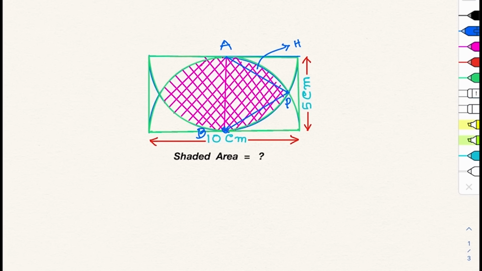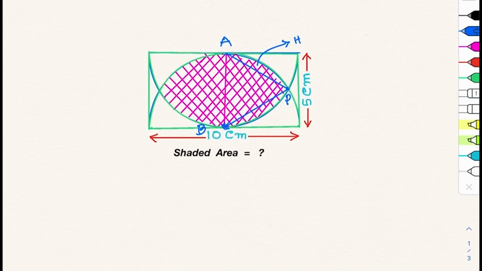So BP is also 5 centimeter, and AB is also 5 centimeter according to the question, that is the breadth of the rectangle. So all sides of the triangle ABP are the same.